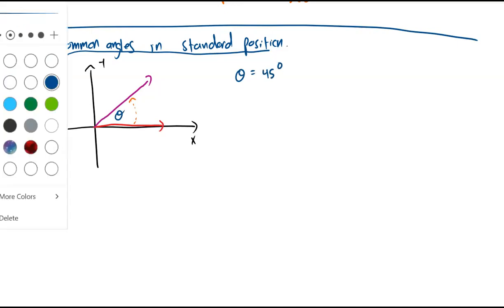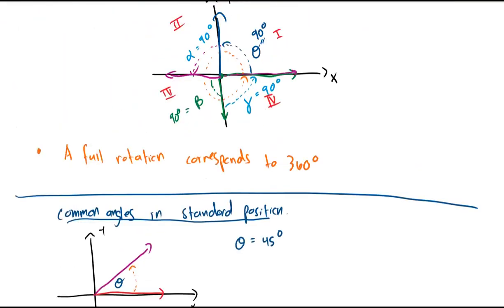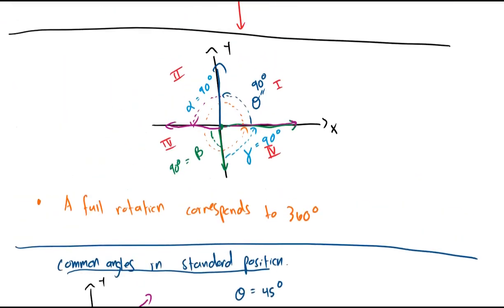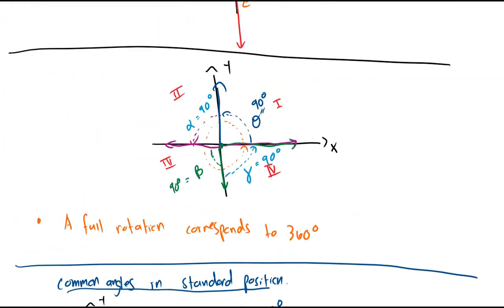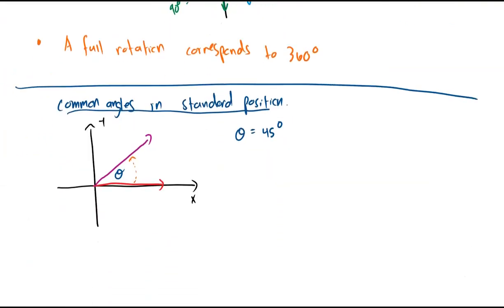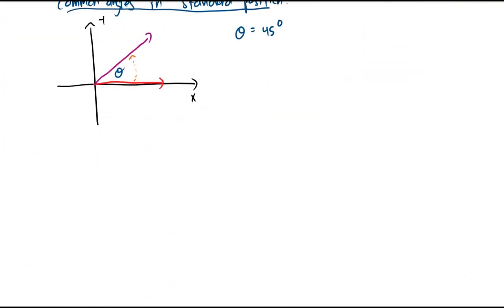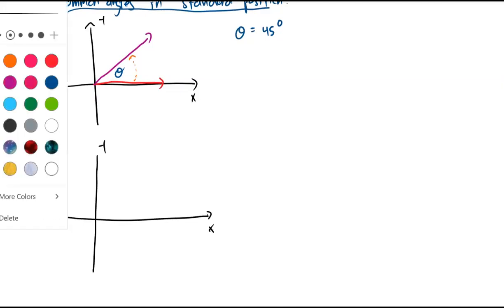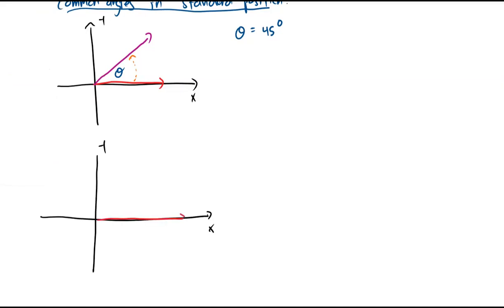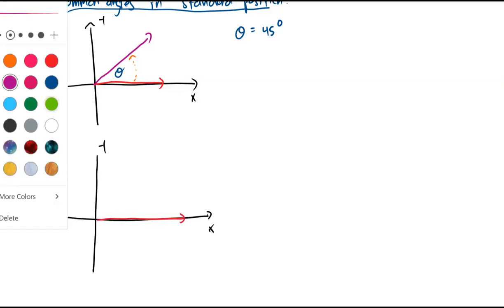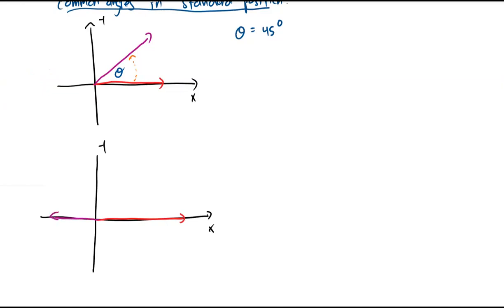Now another common angle: let's say that I go 90 degrees twice. So I go from the positive x-axis as my initial side and have my terminal side on the negative x-axis. Just by looking at this picture again, that's theta equals 90 degrees, then alpha equals 90 degrees, and that's 180 degrees. So if I want to draw 180 degrees, I know that's going to be 90 twice. Draw your initial side, and then draw your terminal side on the negative x-axis.